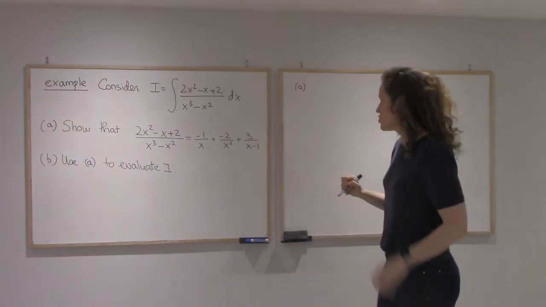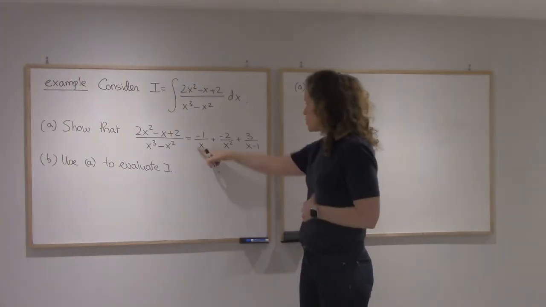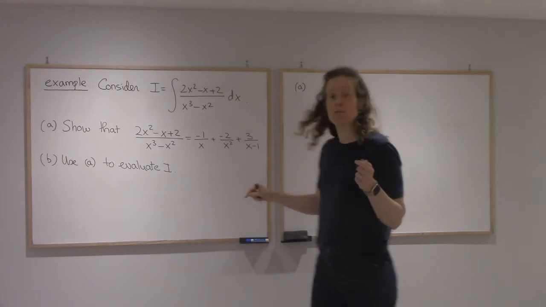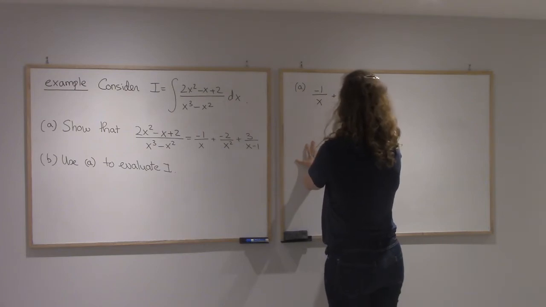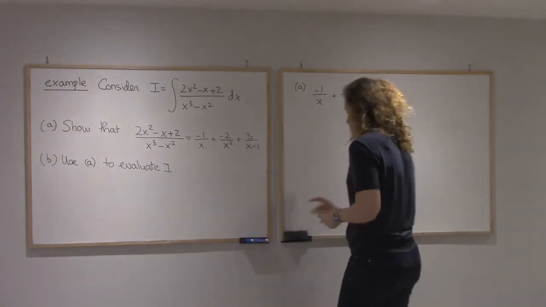All right, let's start. I want to prove that these two things are equal. I'm going to start with this and join them under the same denominator. So I have minus 1 over x plus minus 2 over x squared plus 3 over x minus 1.